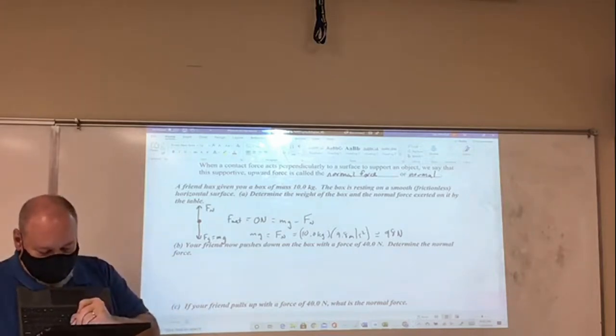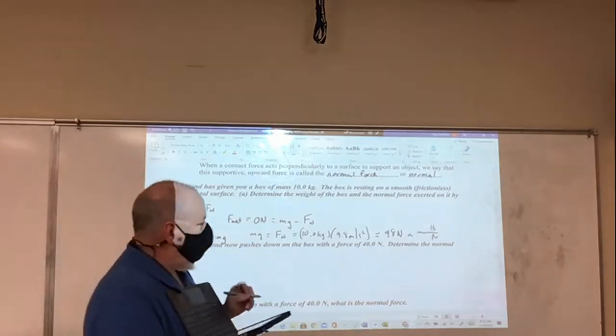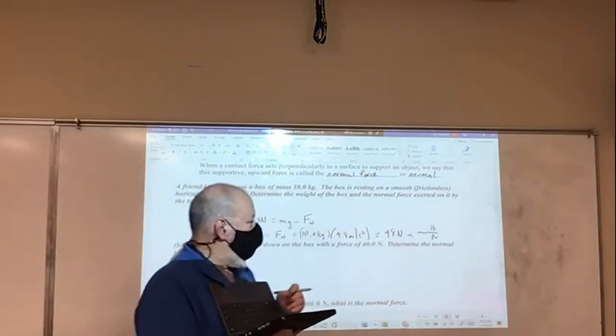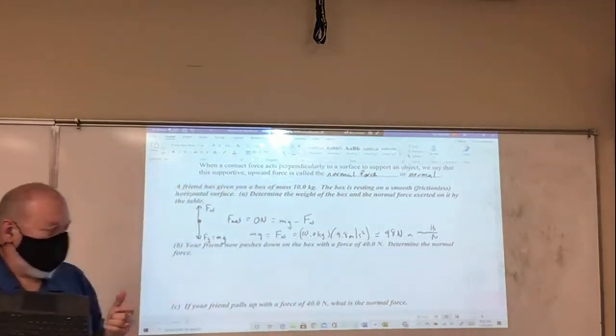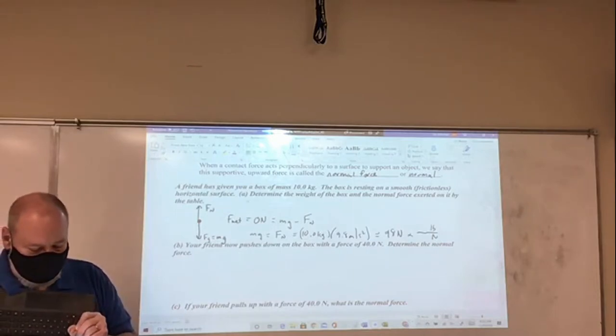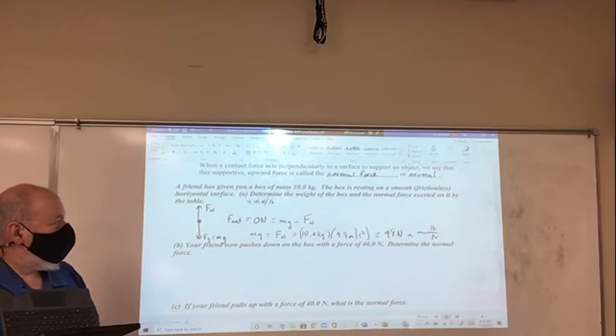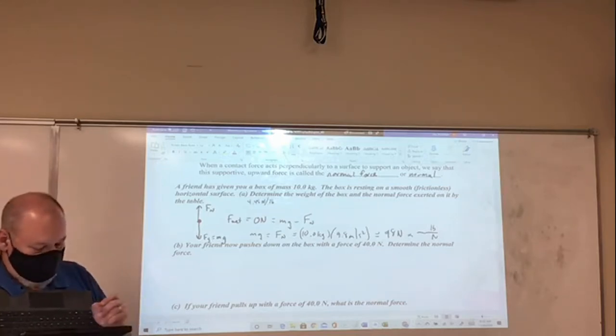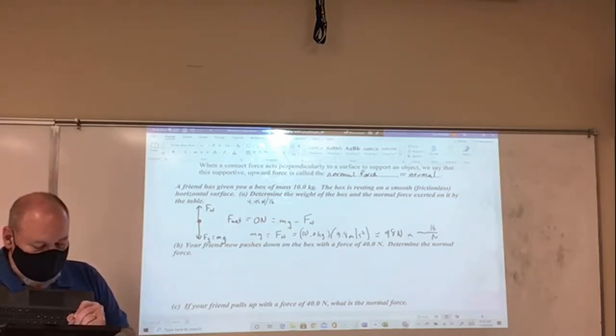We want to convert newtons to pounds. So I need a conversion factor. So newtons to pounds, or pounds to newtons, it doesn't matter. Says 1 Newton is 0.2248 pounds. Okay, so 1 Newton is 0.2248 pounds. What if I go the other way?